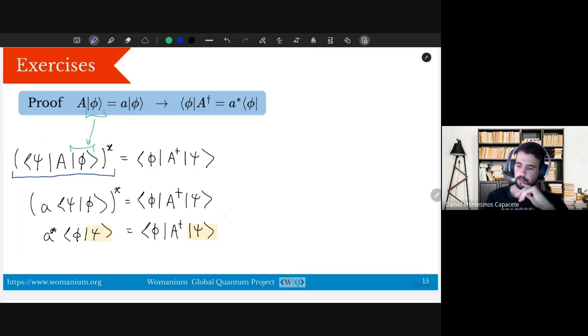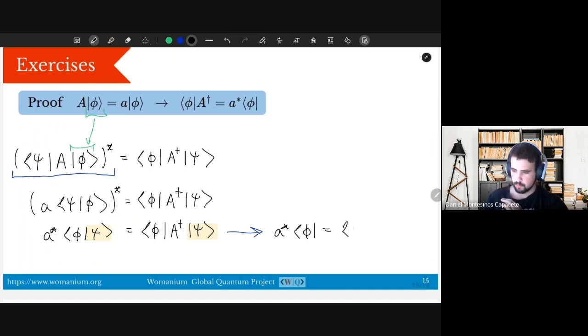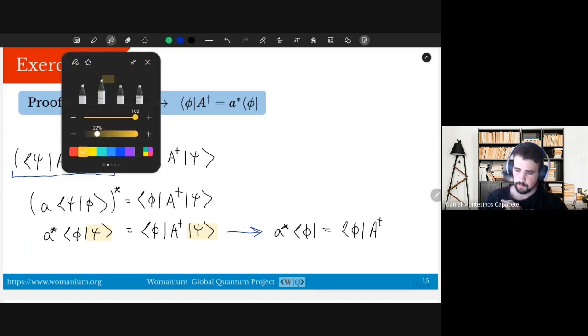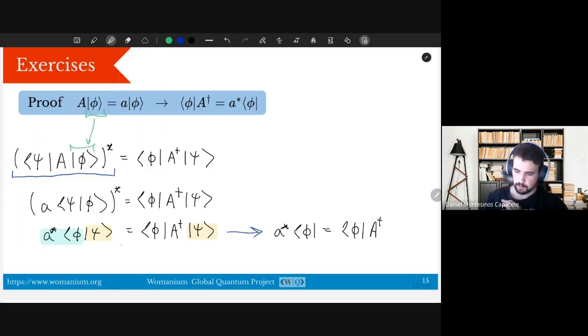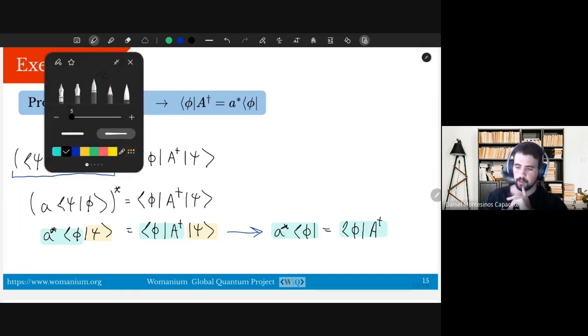Since you have that for every vector in your Hilbert space, you can say that this equation is true. I'm just taking this and this, right? And that's what we wanted to prove. It didn't take so long.